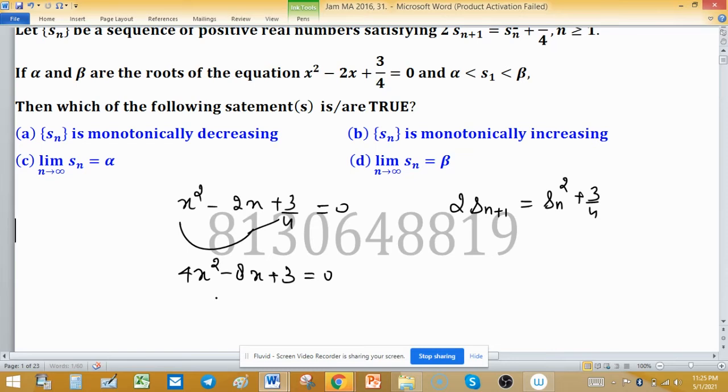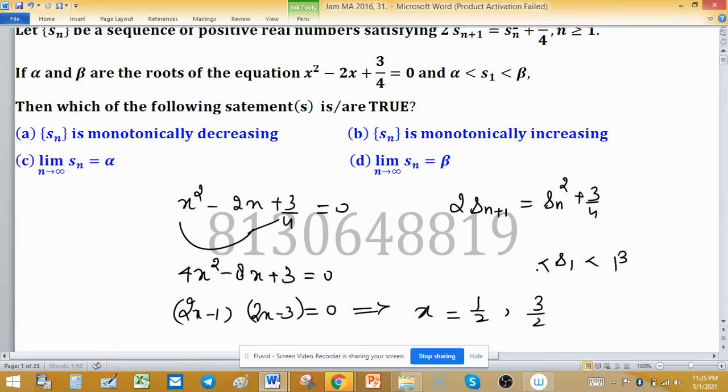So 2x minus 1 and 2x minus 3 are the factors of this equation, and x equal to half and x equal to 3 by 2. These are the roots. As it is given that S1 is less than beta and greater than alpha, it means alpha is less than beta.